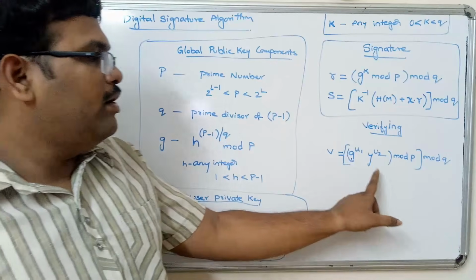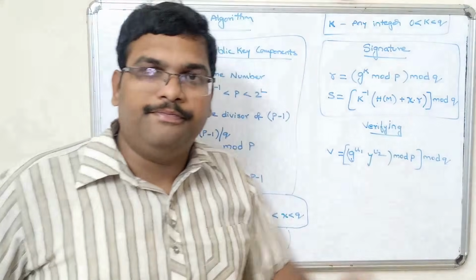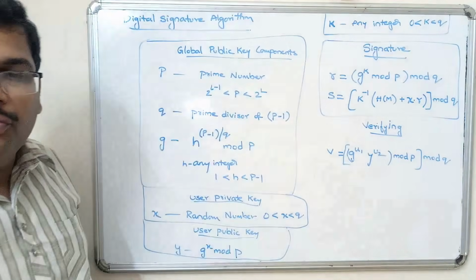G power U1, Y power U2, mod P, mod Q. Now we have to calculate this U1 and U2.